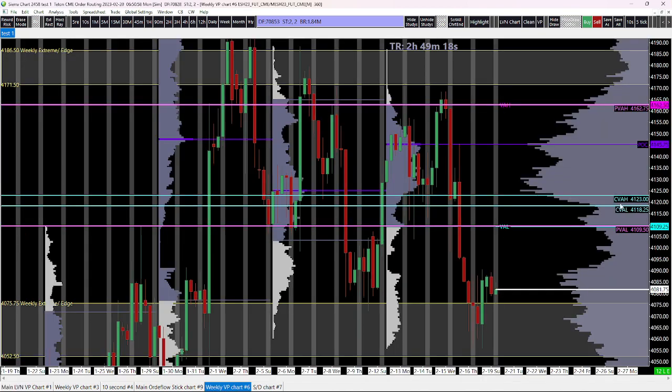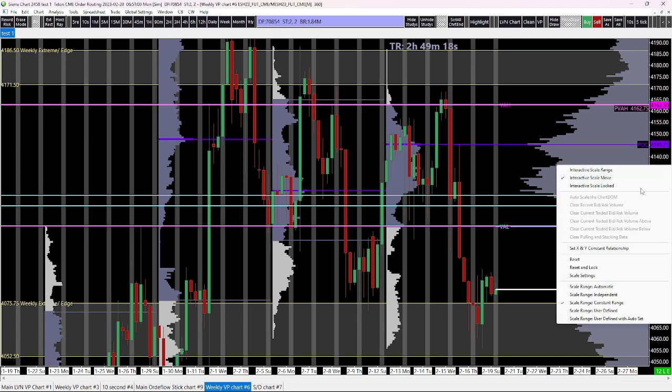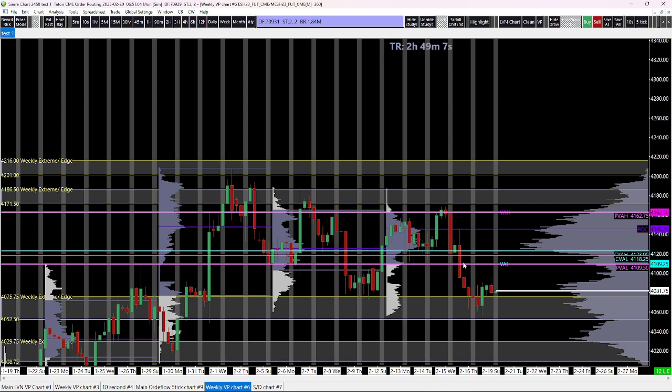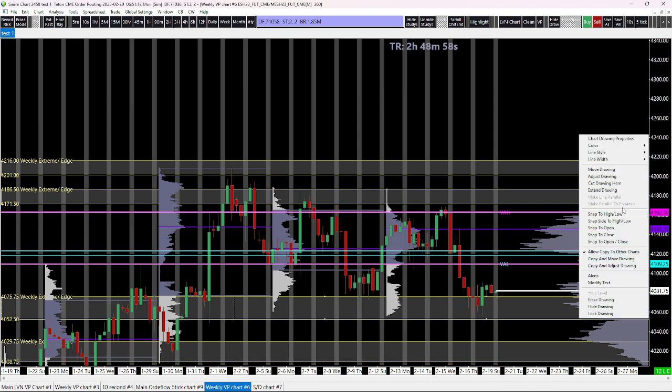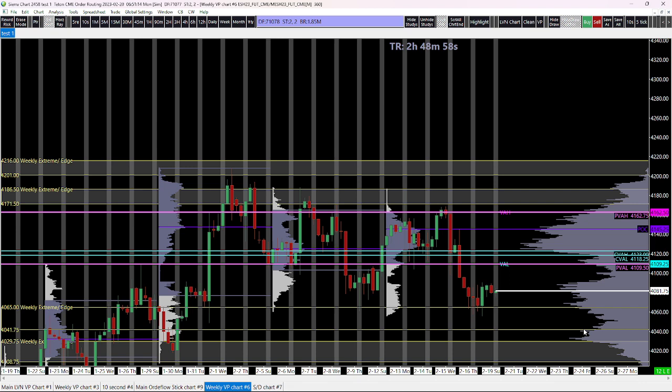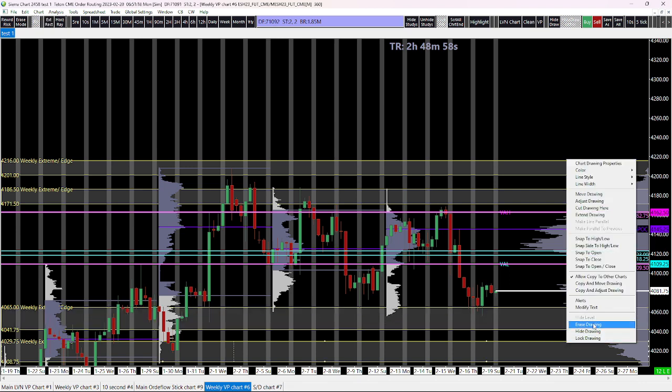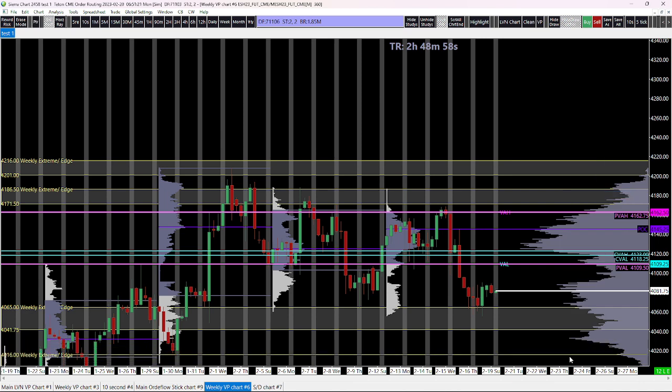Now here on the weekly profiles, what we're seeing is price has continued to react to the zone. We did break below it once here, but you can see over here, let me move this down a little bit. There we go. And move this one down here too. Cool. So as price came down here, we already talked about it.